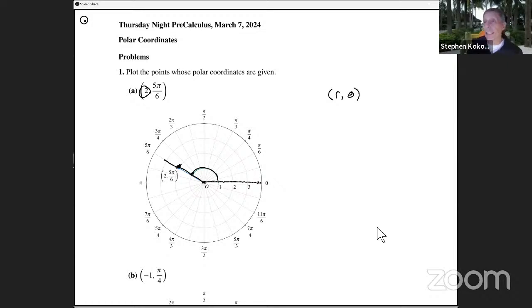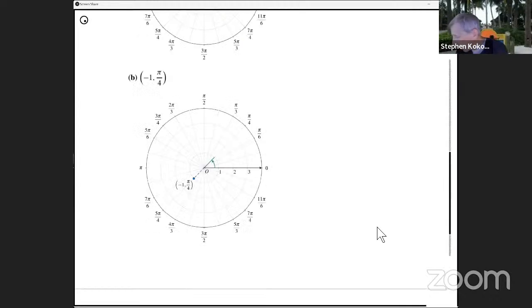So I draw the angle measured counterclockwise from the polar axis. I draw a line segment from the pole, from the origin, indicating that angle. It's kind of the terminal line for that angle. And then if r is positive, I know that my point is along that line. I'll try to hit all 4 possibilities here. Let's take a look at this one down at the bottom. This is minus 1, pi over 4.